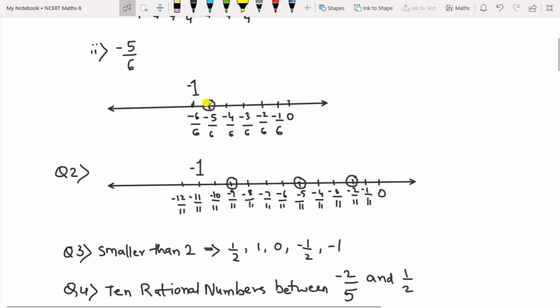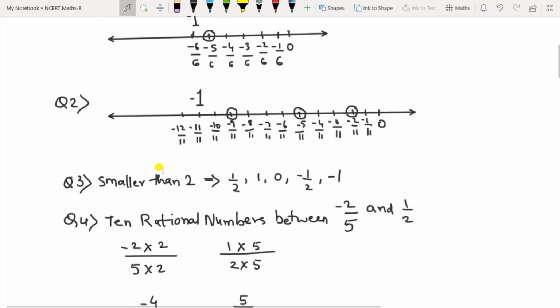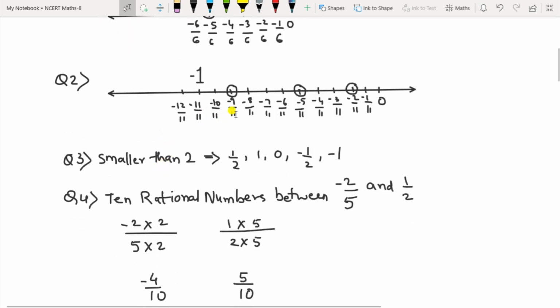Make it a circle. Question number 2 is representing minus 2 by 11, minus 5 by 11, minus 9 by 11 on the number line. So draw a number line here. All the numbers are negative, so we will just take the negative side. The denominator is 11, so for every number, go on writing 11 as the denominator.